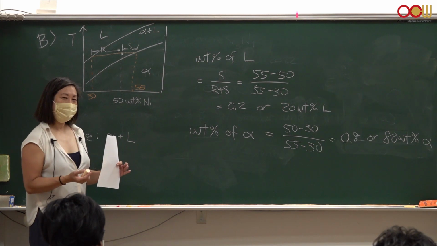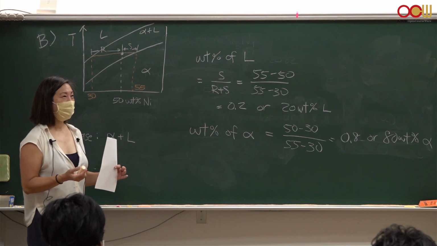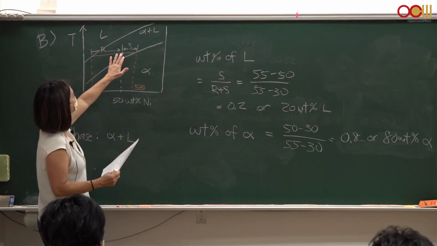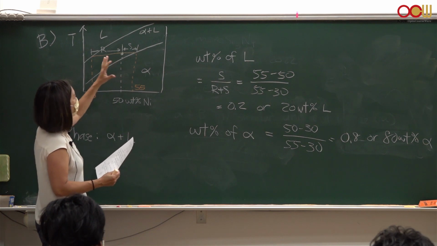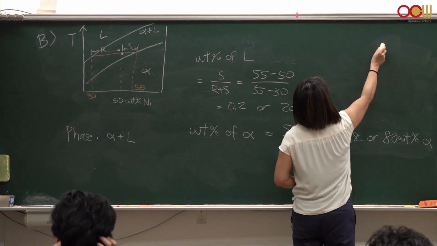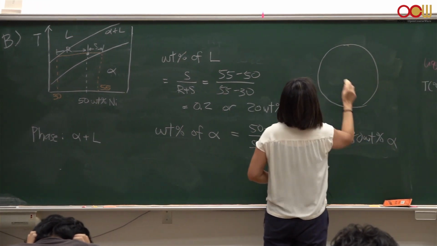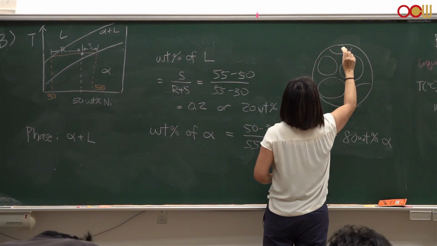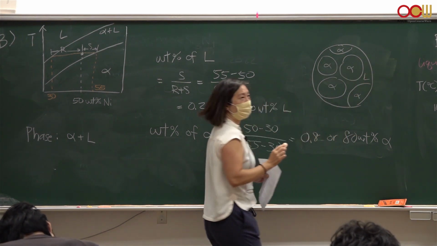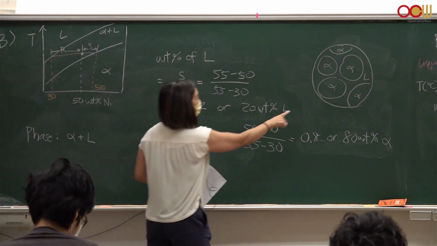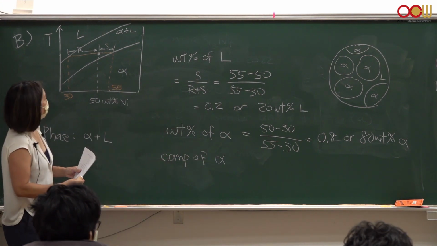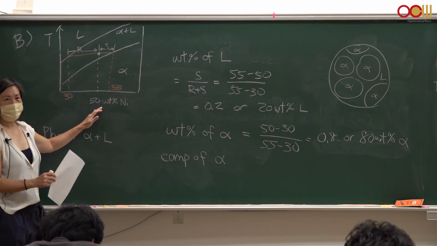The composition, now this is a little bit, I guess you just have to remember this. Let's say we look at this mixture at point B under the microscope. It might look something like this. These are alpha, and in between, you have 20% liquid. The composition of the alpha phase here is not 50% nickel and 50% copper.